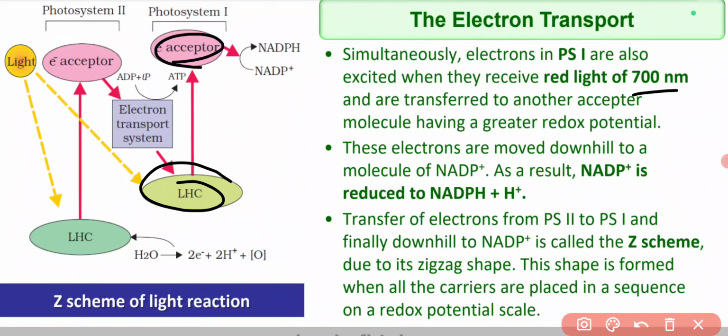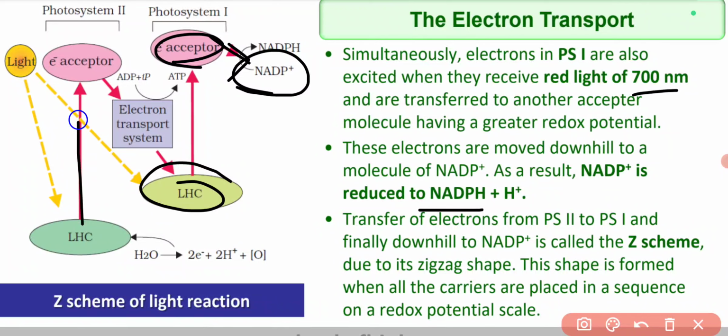Okay. These electrons are moved downhill to a molecule of NADP plus. Then they move downhill to NADP plus, and as a result NADP plus is reduced to NADPH and H plus. Transfer of electrons from PS2 to PS1 and finally downhill to NADP plus is called the Z scheme.